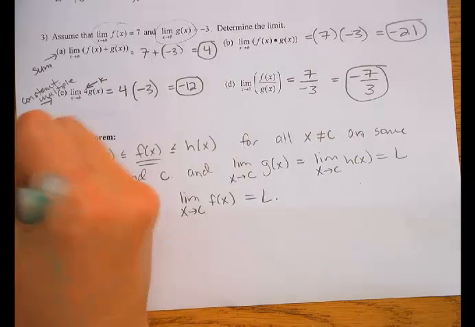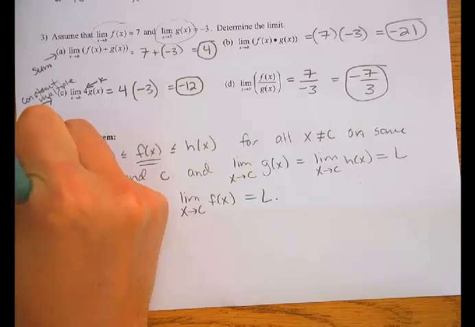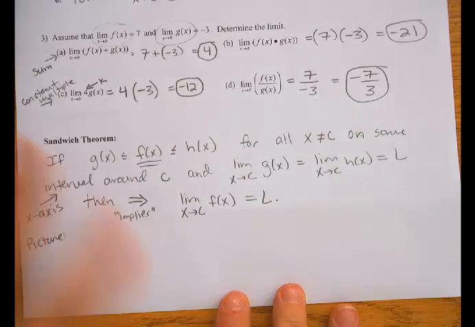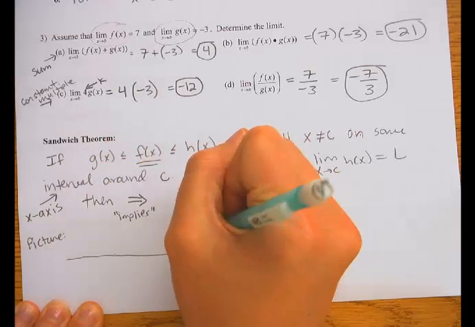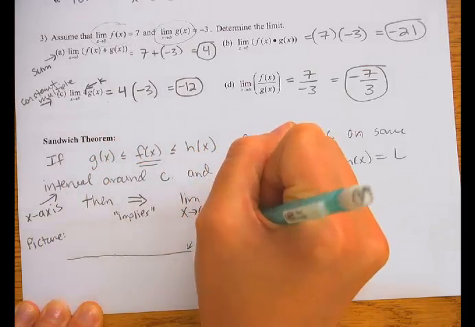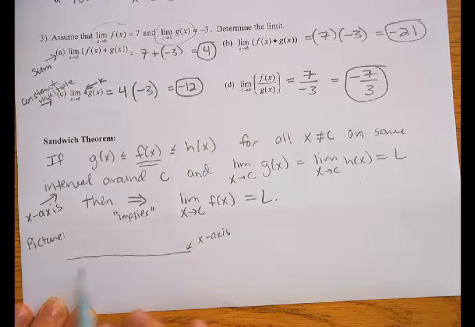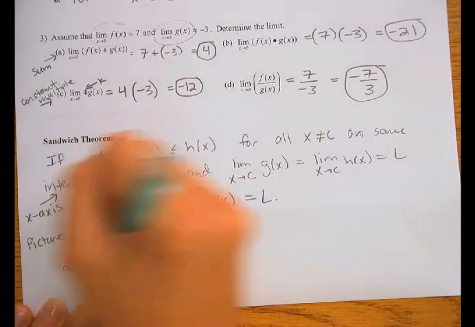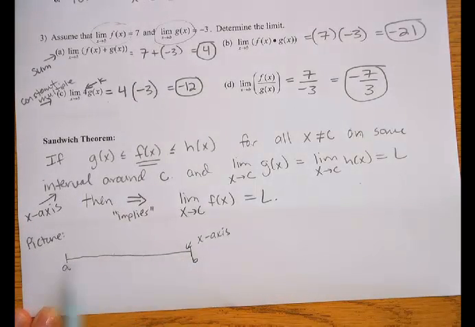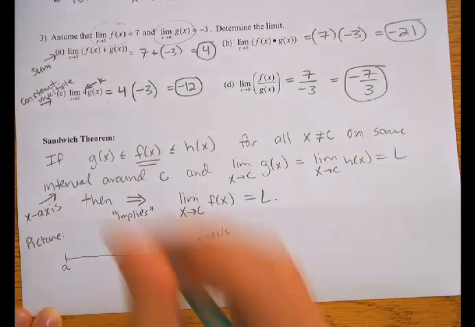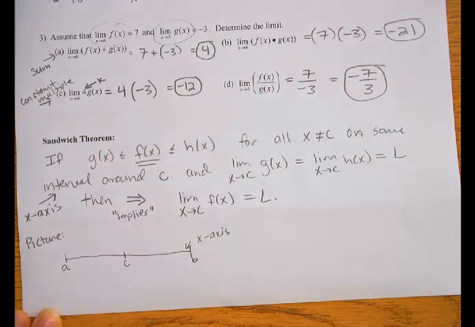To give you some sort of a picture of what that would look like, let's say here's our x-axis. And let's just let this be our interval here, an interval from A to B. Interval is just a duration or a distance of x values. Let's go ahead and put c right in there.